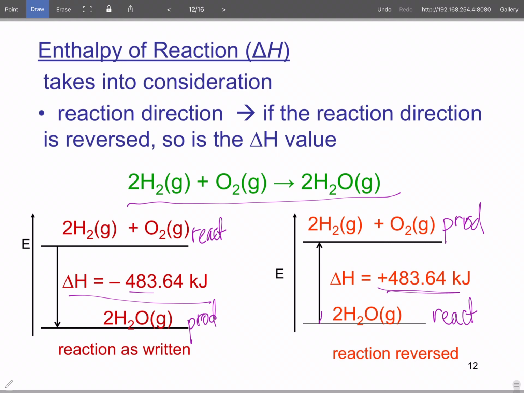So notice, again, we have the same number, but the sign flips. So if it was negative, it becomes positive. If it was positive, it becomes negative. It doesn't matter what you start with. What matters is that you flip it. Okay? So again, could be positive, goes negative, could be negative, goes positive.